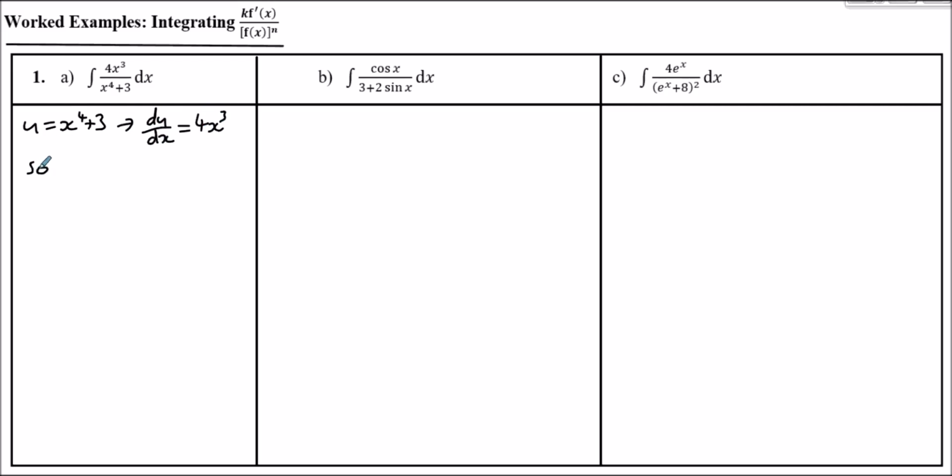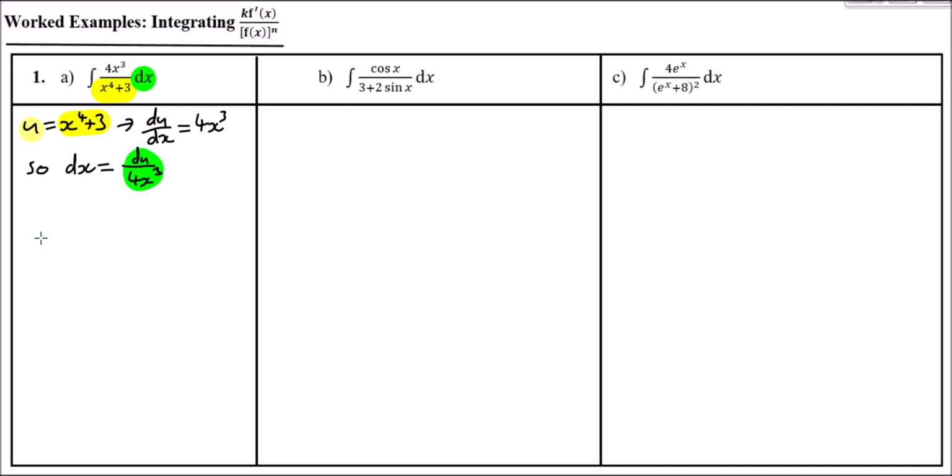So therefore, rearranging to get dx in terms of du, dx is going to be du divided by 4x cubed. So we can switch this for that, and also u, which is x to the power 4 plus 3, we can replace here.